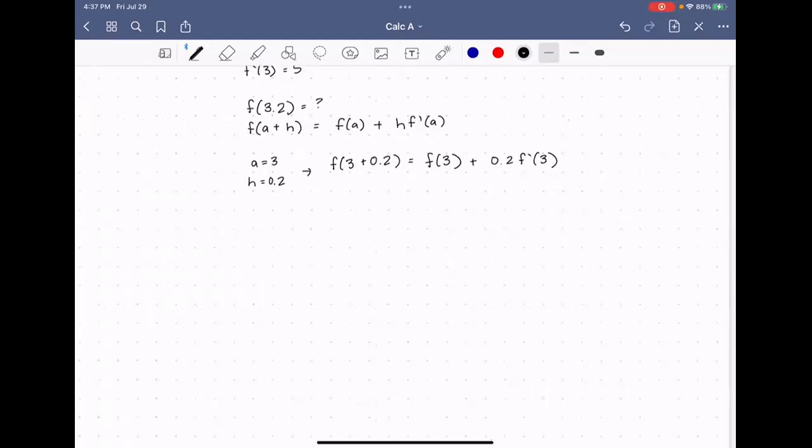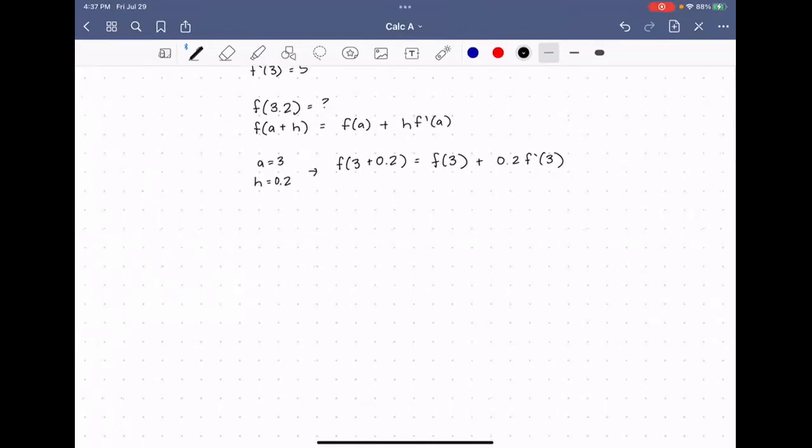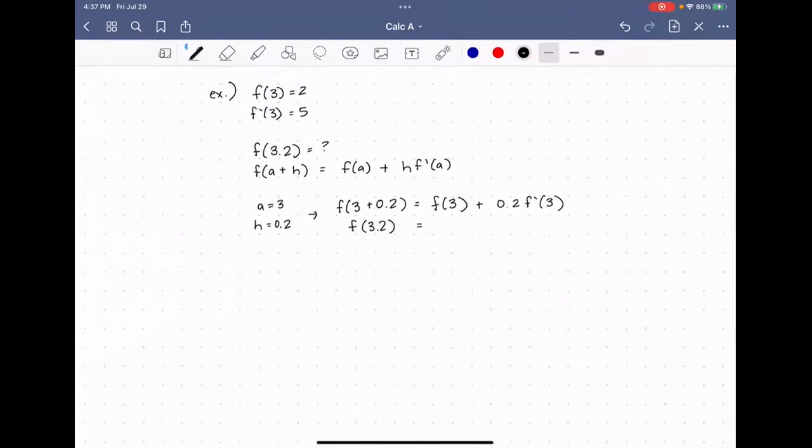Okay, cool. Now we're going to rewrite this so that f of 3.2 is equal to f of 3, but we know f of 3 is 2, plus 0.2 times f prime of 3. And we know that f prime of 3 is 5 because it was from our given information.